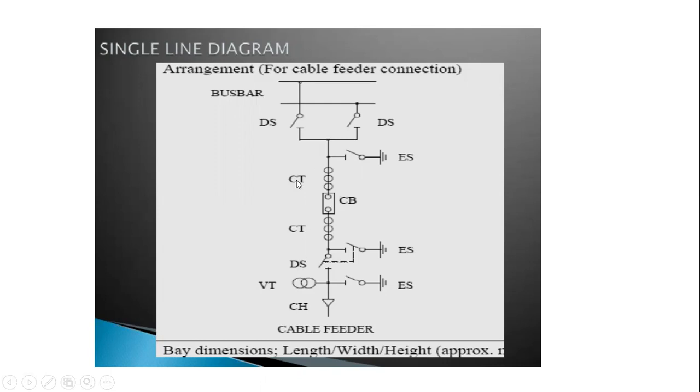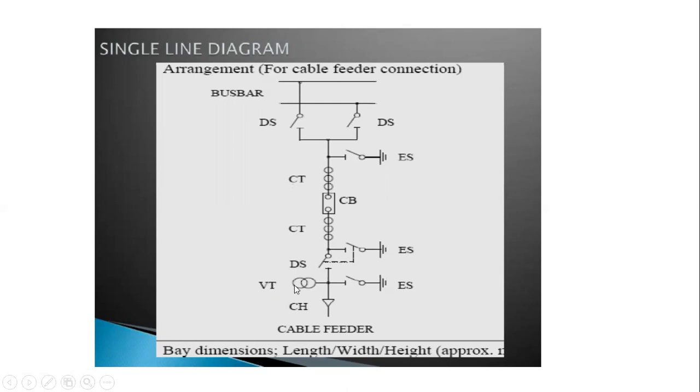And coming to the CTs, meaning the current transformer. This current transformer is used to measure the current in the gas insulated substation. And also we are using the VT, meaning the voltage transformer or the potential transformer.